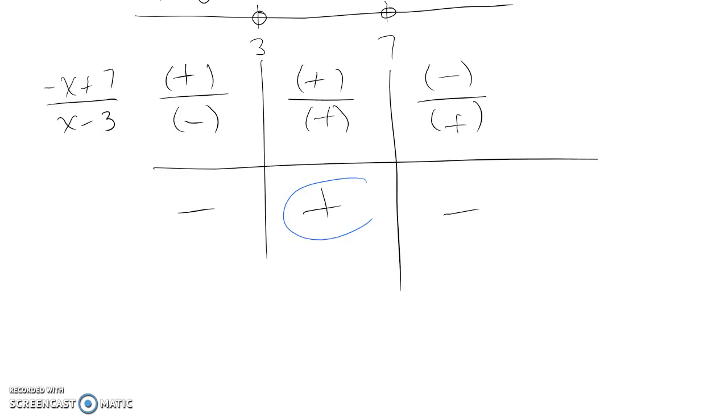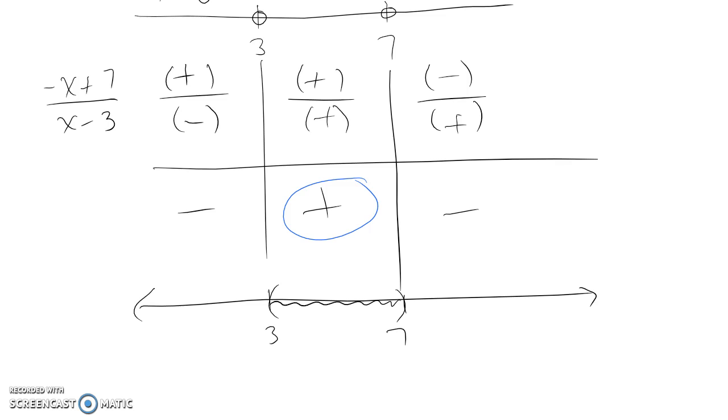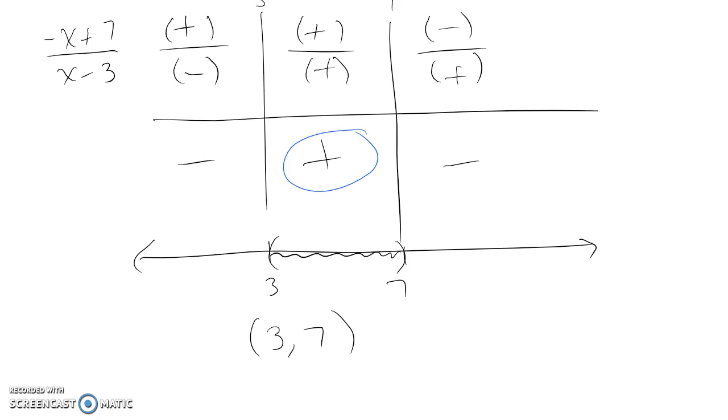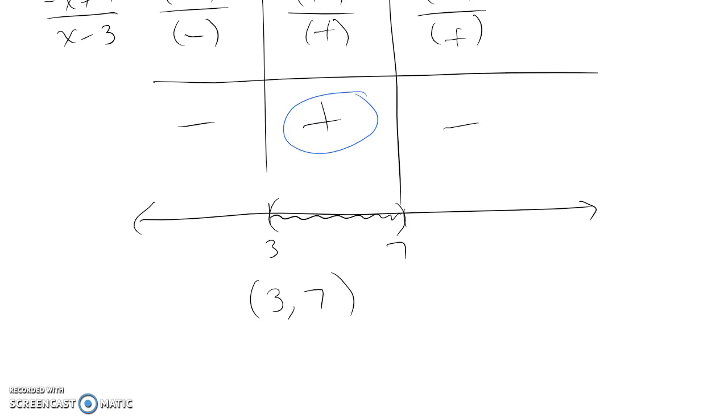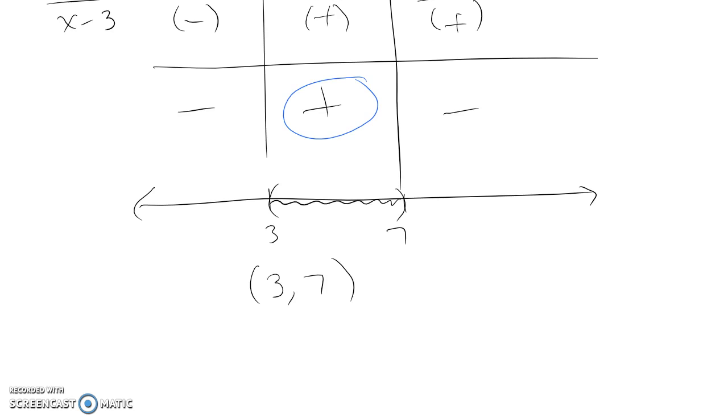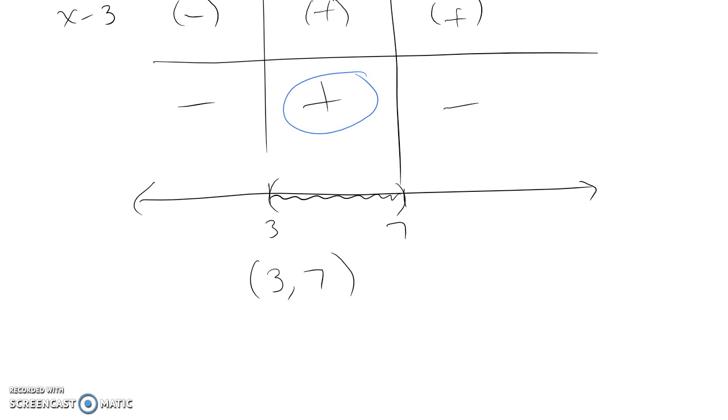That corresponds to the positive region of the number line. So we shade in between 3 and 7 on our number line. That corresponds to interval notation of 3 to 7, not including 3 and 7, so we use parentheses. Or we might say that x is greater than 3 but less than 7.